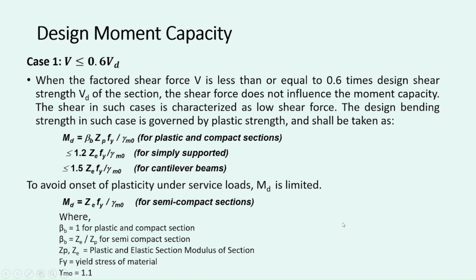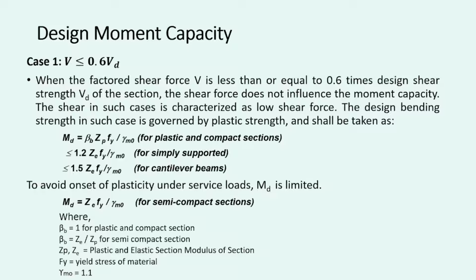Now let's check how to calculate the design moment capacity. In the code, there are two cases given. First of all, we need to check what is the shear force that is acting on the beam.